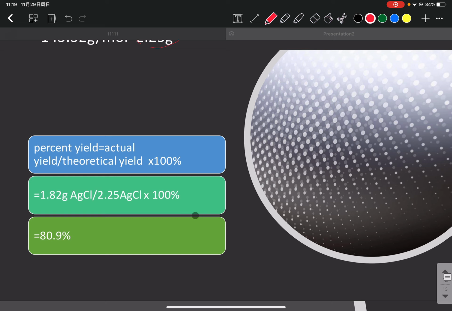In the end, we use the formula we learned, which is percent yield equals actual yield divided by theoretical yield, and then times 100%.